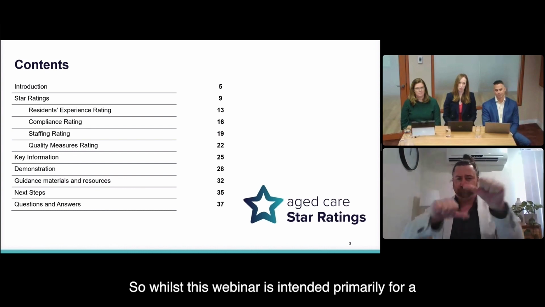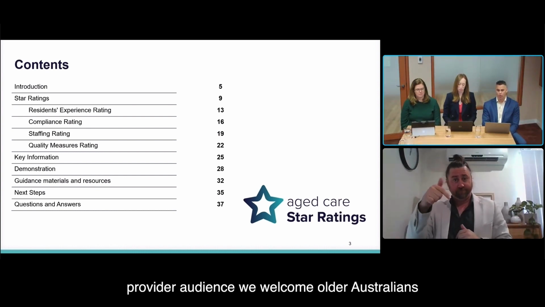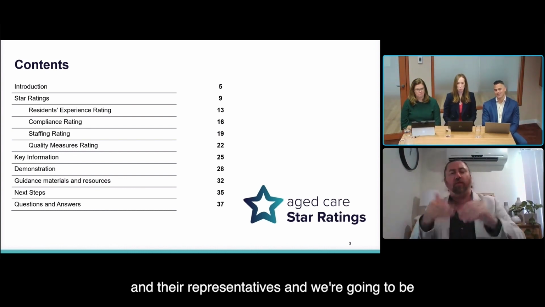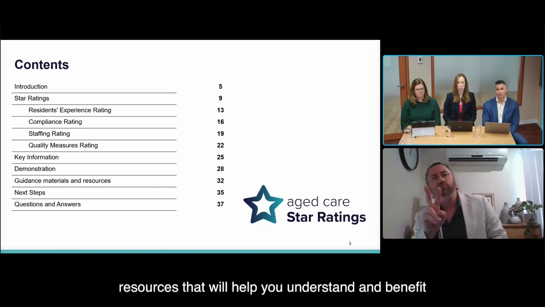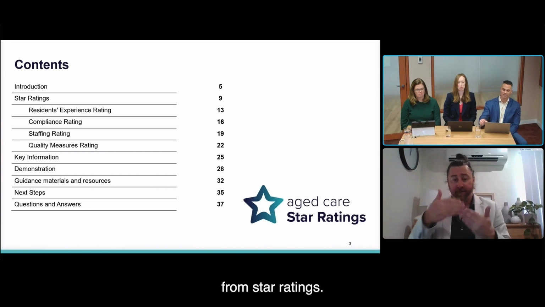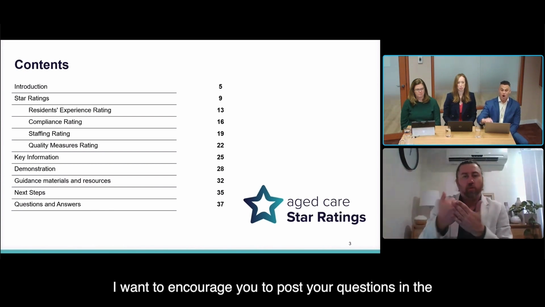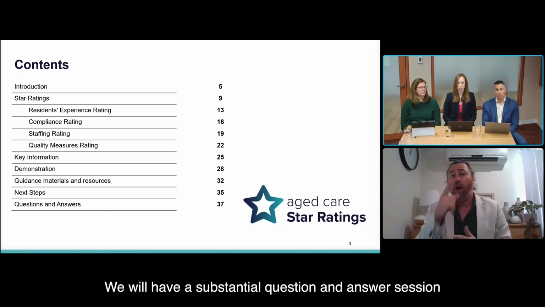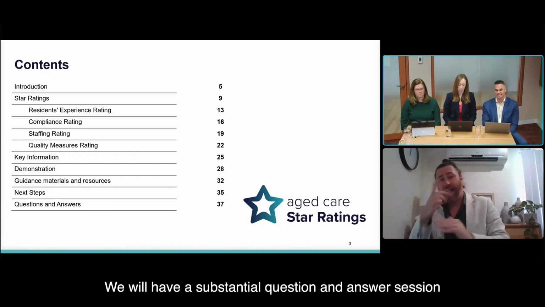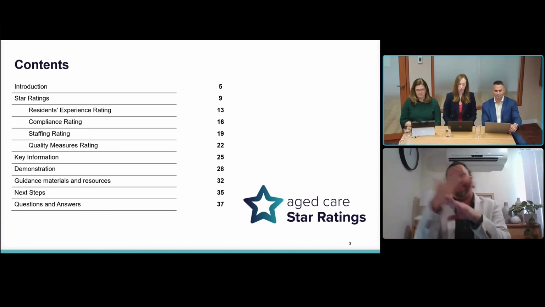Whilst this webinar is intended primarily for a provider audience, we welcome older Australians and their representatives, and we're going to be outlining the upcoming communications and resources that will help you understand and benefit from Star Ratings. I want to encourage you to post your questions in the chat as we go through the webinar. We will have a substantial question and answer session at the end.